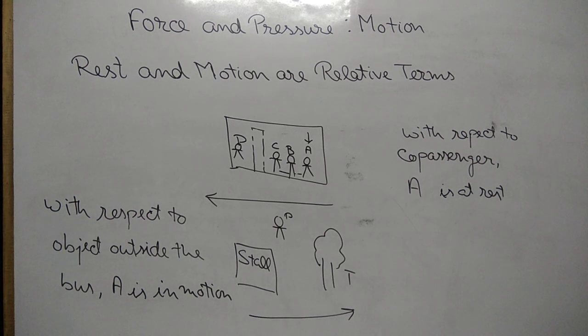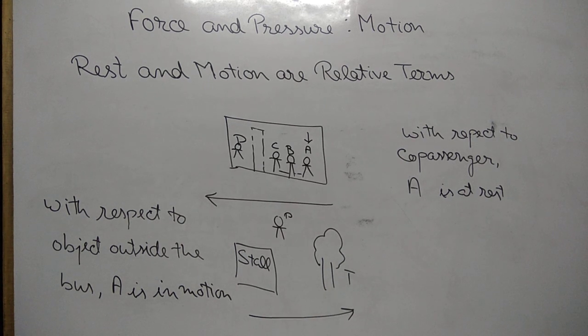So these two conditions are clear. At the same time, if A checks the position with B and C, A observes that A is at rest, and if A sees the surroundings outside the bus, A is in motion.